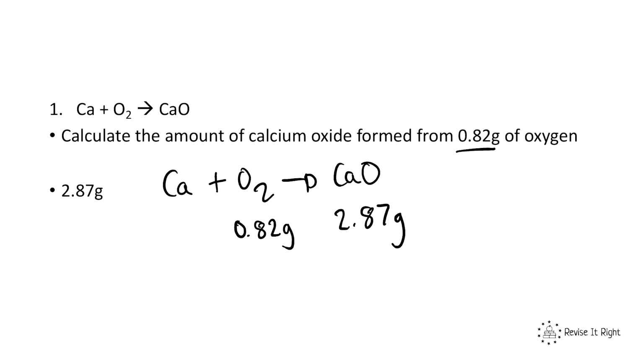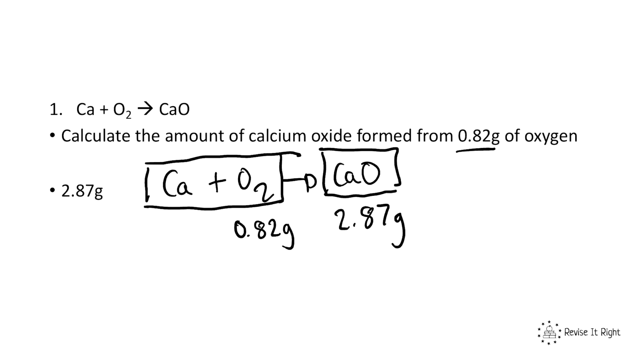Now if we go back to our conservation of mass, we will remember that no mass is lost or gained in chemical reactions, and that means that the mass of the reactants will be the same as the mass of the product. So if our product is 2.87 grams, then our reactants must have also been 2.87 grams.